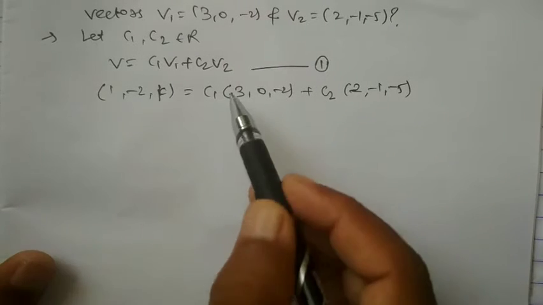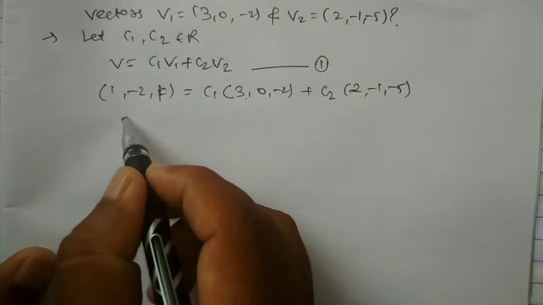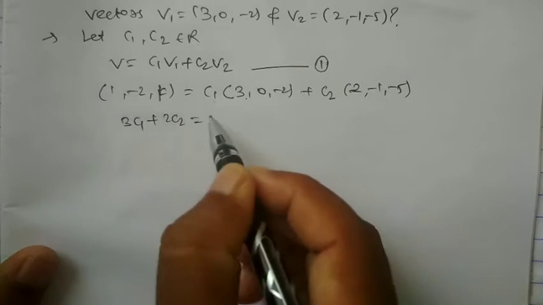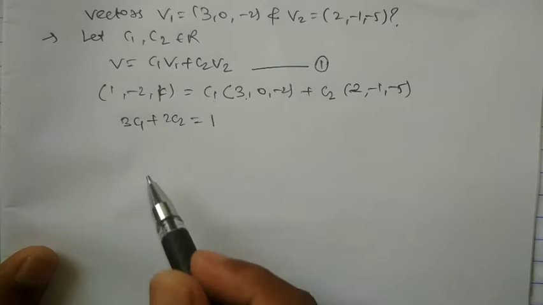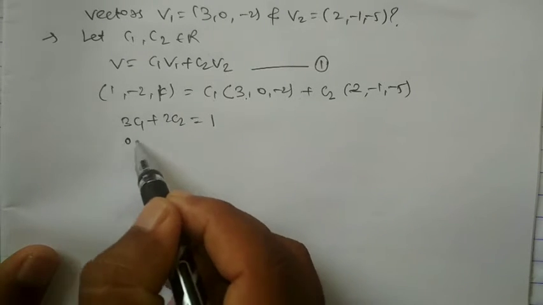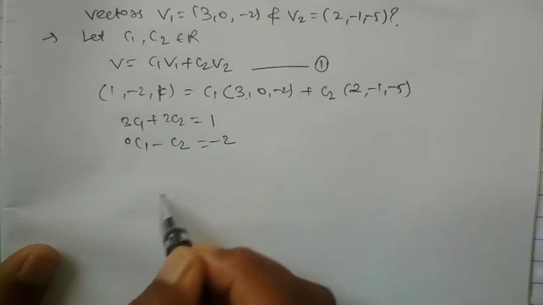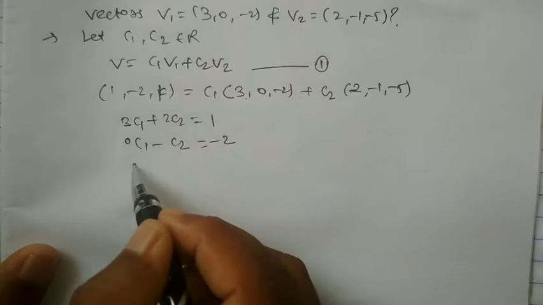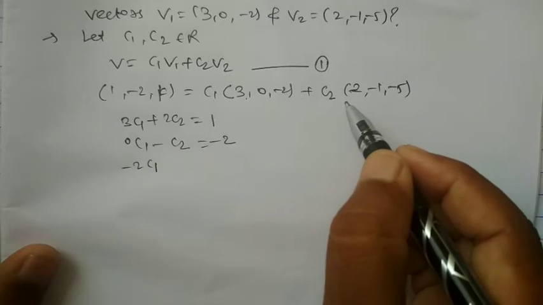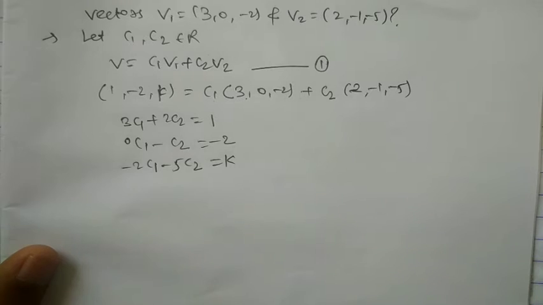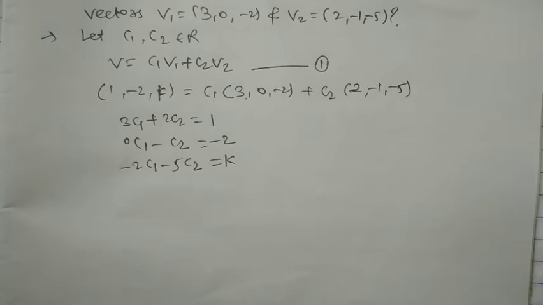So we can write 3c1 plus 2c2 is equal to 1. This is the first equation by comparing. Then 0c1 minus c2 is equal to minus 2, and the third equation, minus 2c1 minus 5c2 is equal to k. So you will get these three equations. Solve these three equations and find the value of k.